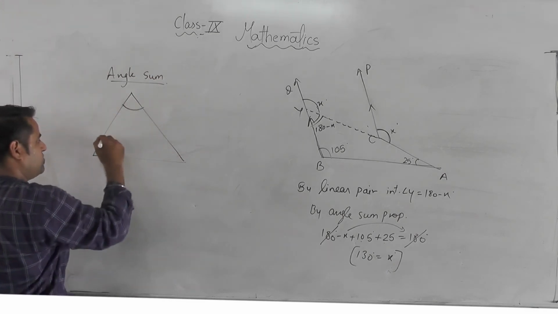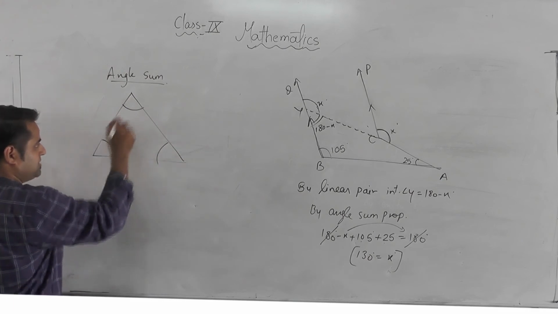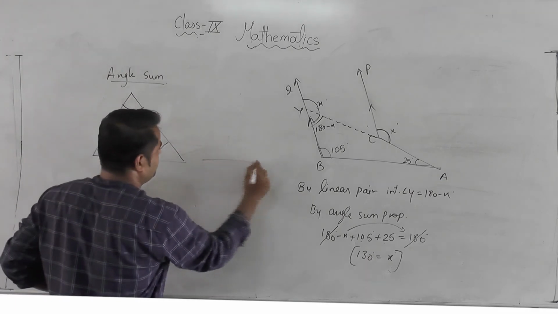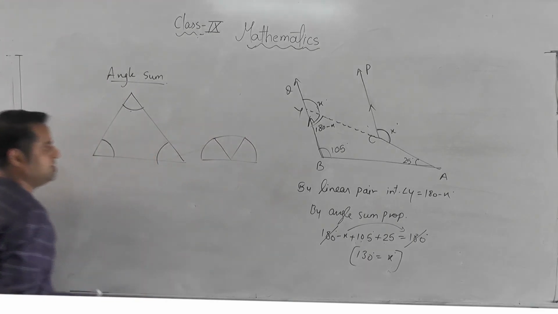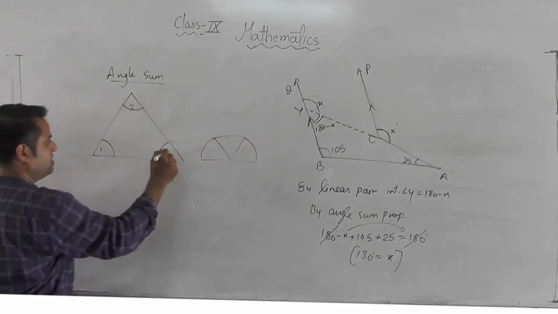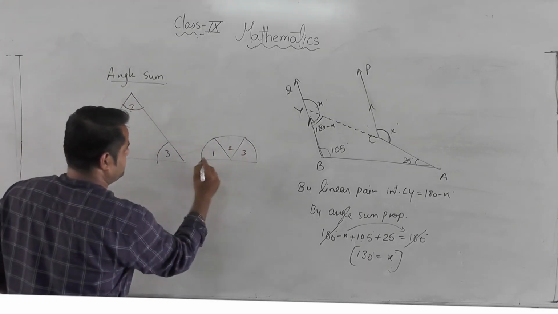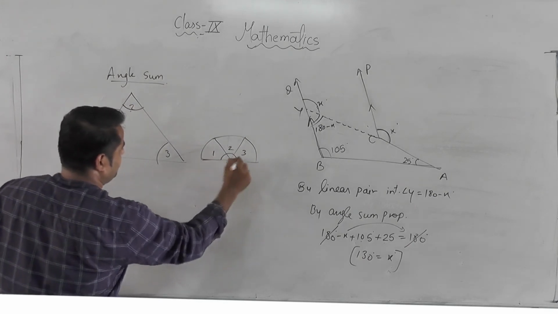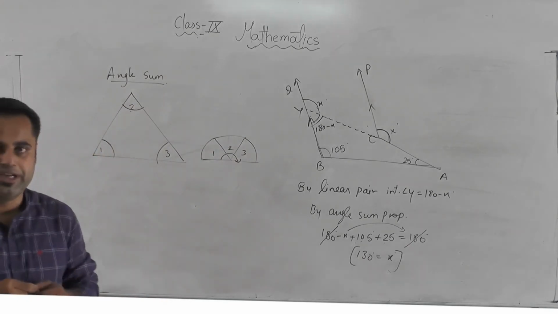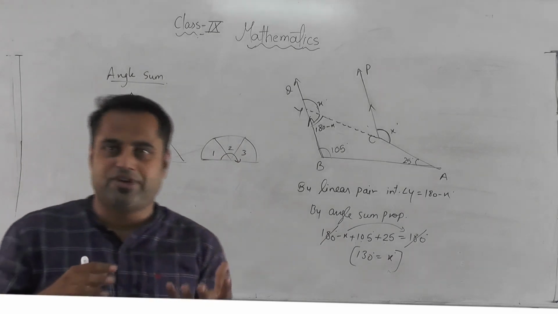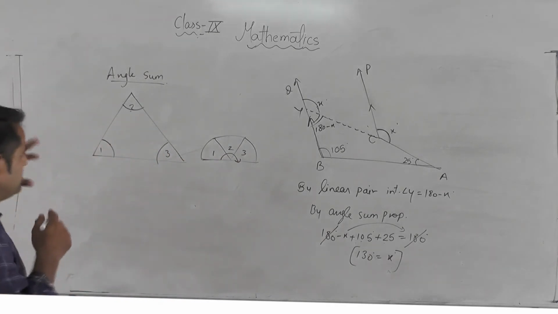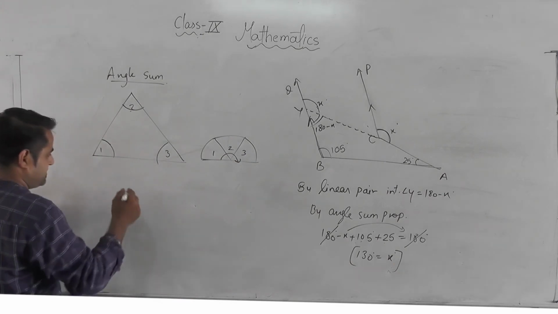If you cut all the angles or parts and arrange them, they will be arranged like this. These 3 parts will give you a straight line, and the angle of a straight line, a straight angle, is 180. This is how you can explain the angle sum property with an activity. And by that you can find the exterior angle property.